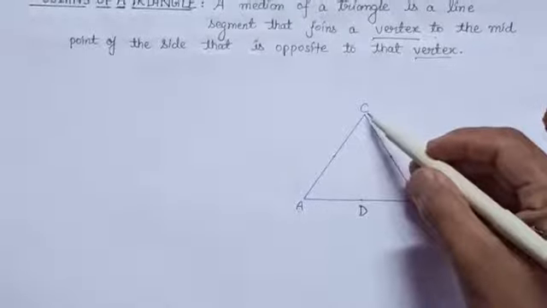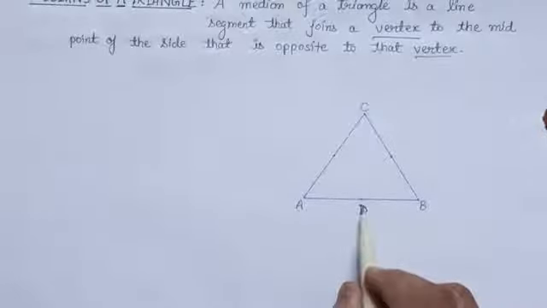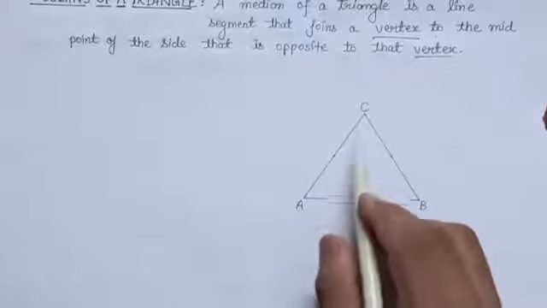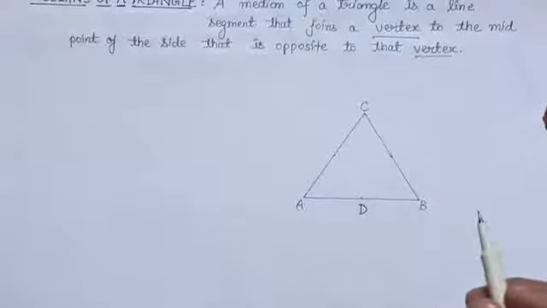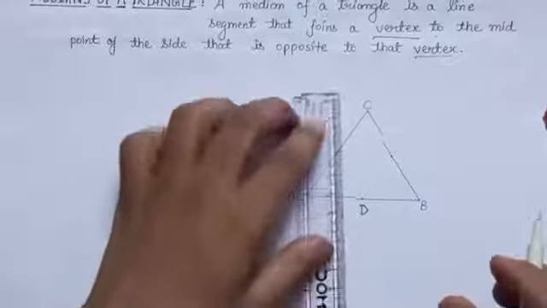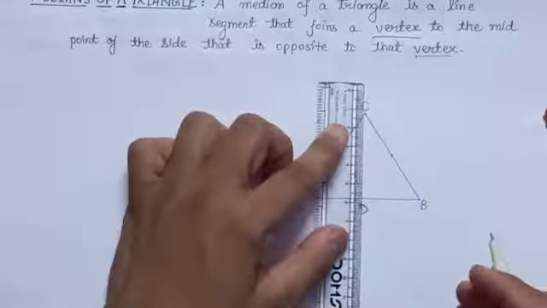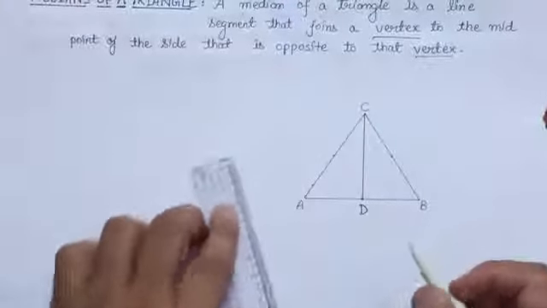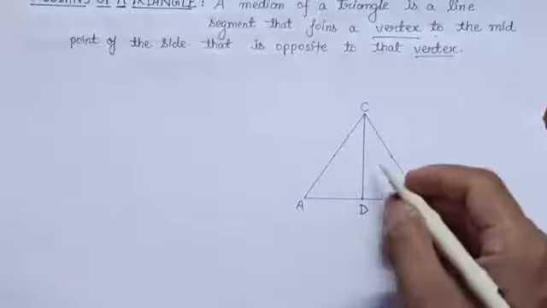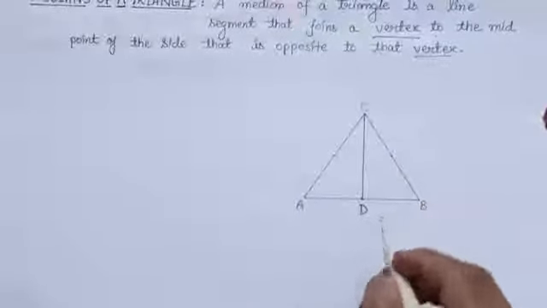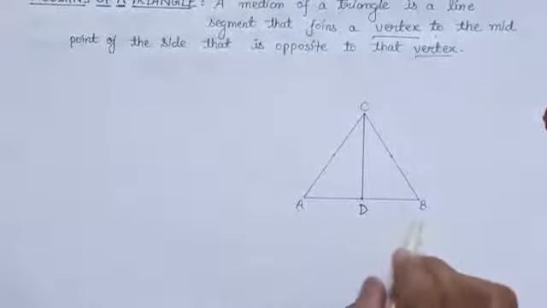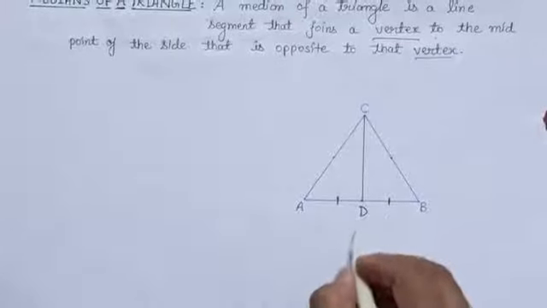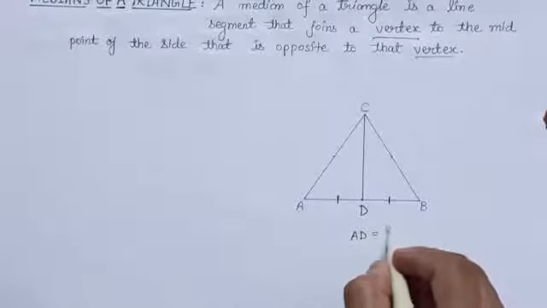Now if we join the vertex C to the midpoint D of the line segment AB, which is opposite to the vertex C, then what do we get? We get a line segment CD. Now we can say CD is the median which divides the line segment AB in two equal parts. That is, here AD is equal to BD.